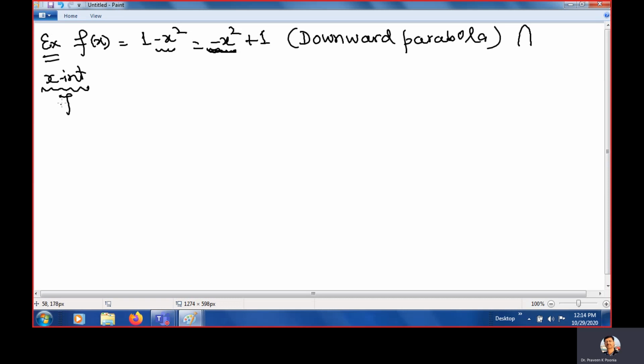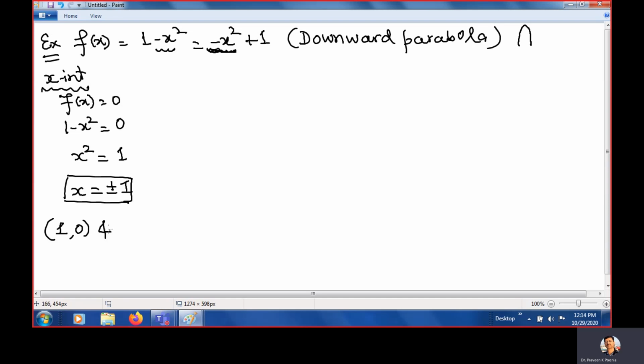Now we need to find the x-intercept. So f(x) is equal to 0. So 1 minus x square is equal to 0 and x square is equal to 1, and like the previous question, x is equal to plus minus 1. So the curve will cross at (1, 0) and (minus 1, 0). These are the 2 points.